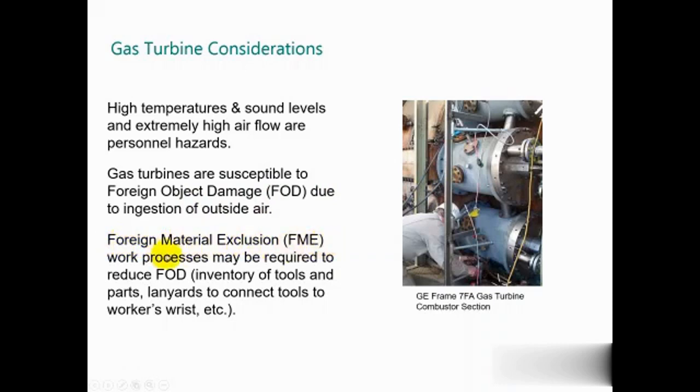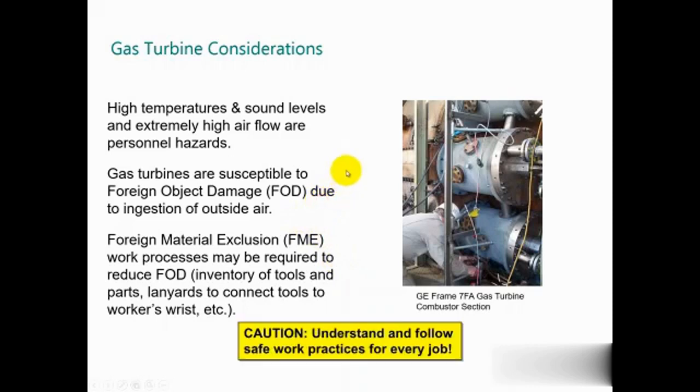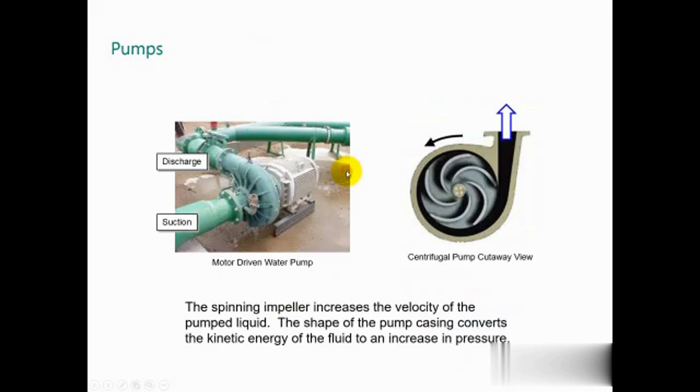This is a process that reviews all the tools and parts that enter the turbine area, and when you are leaving, you need to do the checkout to review that you never forget any tool, any part, any lanyard, any part different from the turbine. Only the sensor that you installed. Caution: understand and follow safe work practice for every job.